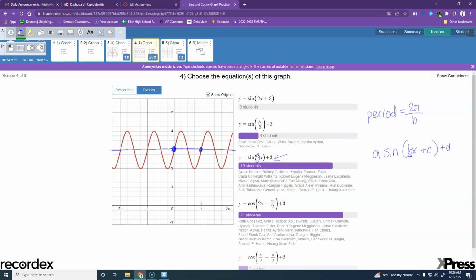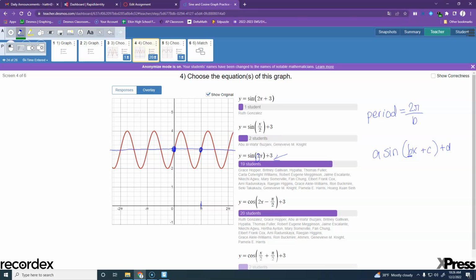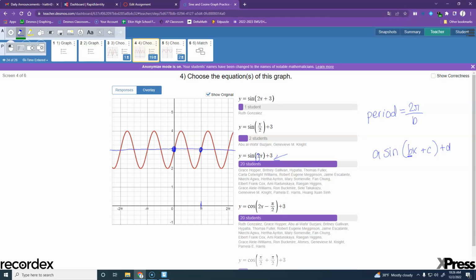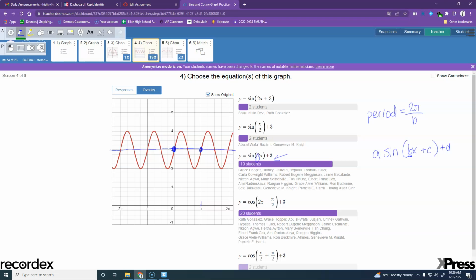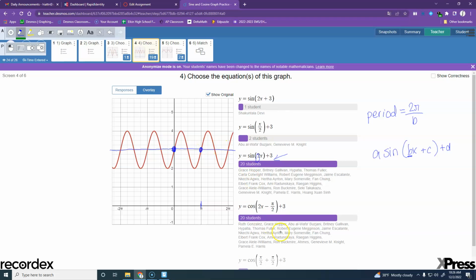Does that make sense? Okay, so there may be a cosine graph that also matches. The good news between sine and cosine is the only real difference is a phase shift. So midline, amplitude, and period should all be the same. If cosine works, it is not going to be this bottom one because it has a different period.